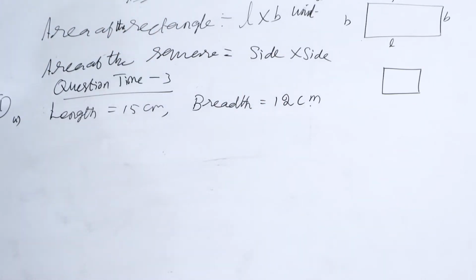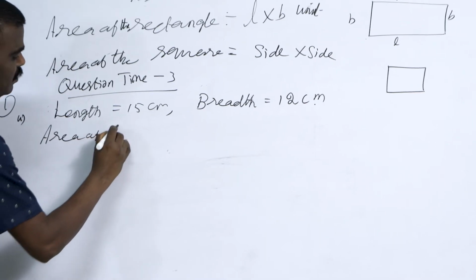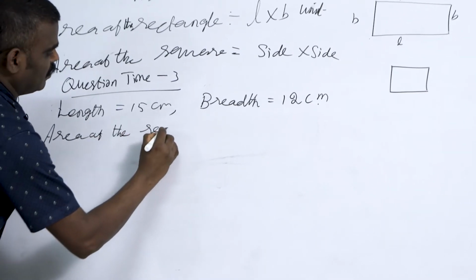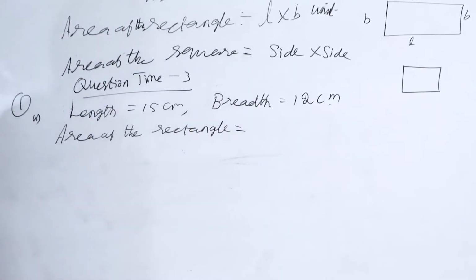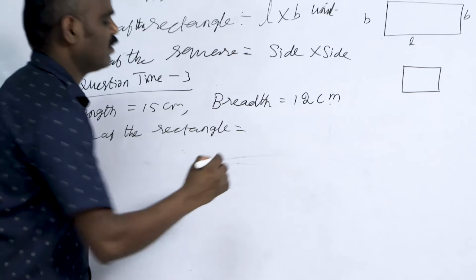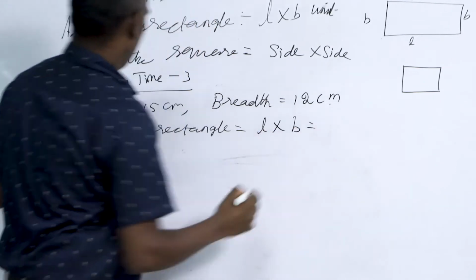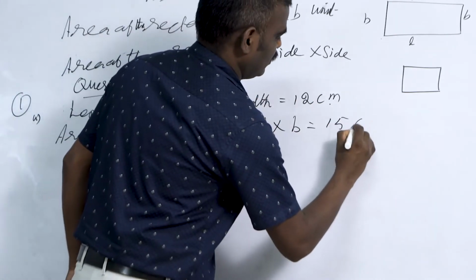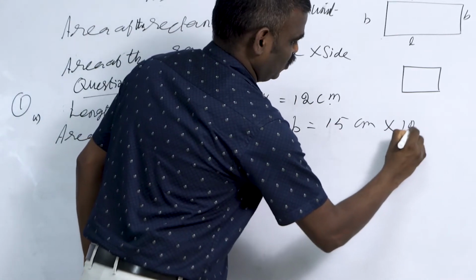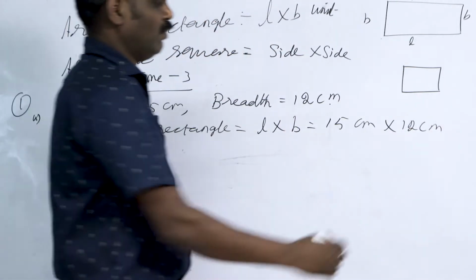Now how to find the area? What is the area of the rectangle formula? Length into breadth, that is 15 centimeter into 12 centimeter. You have to multiply these two.